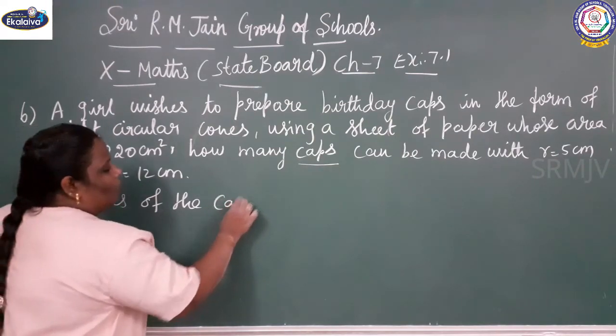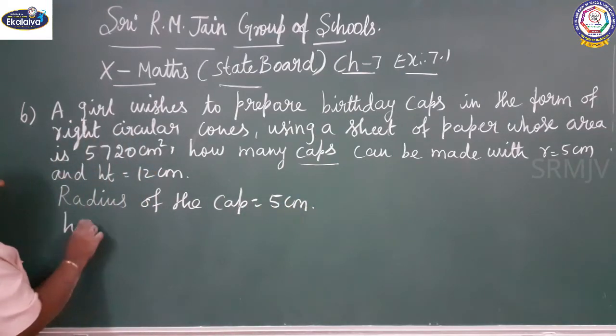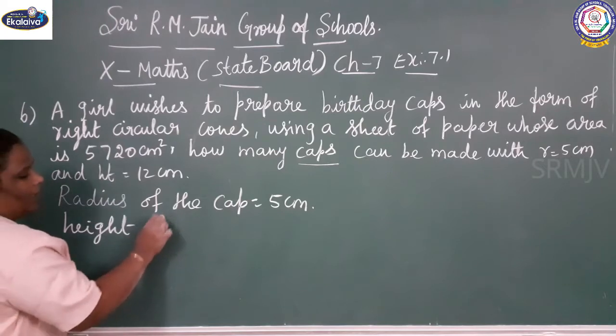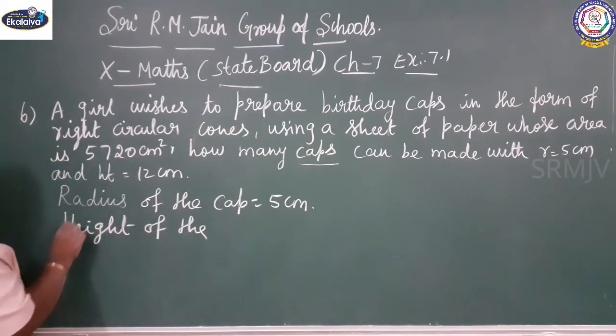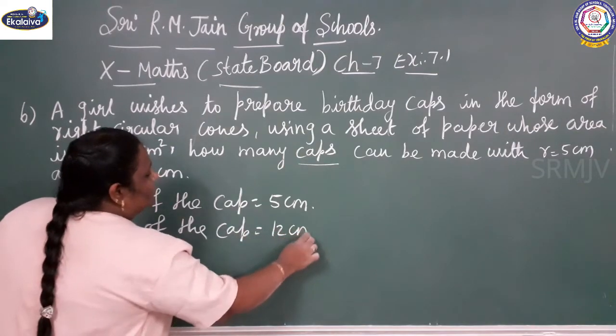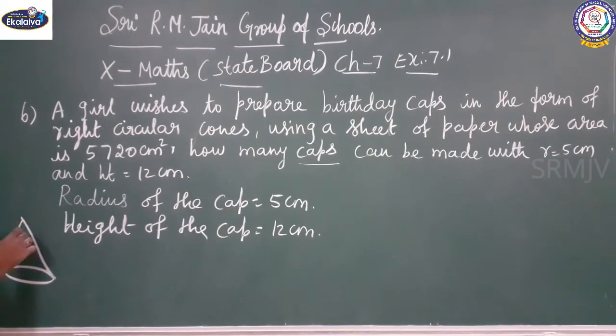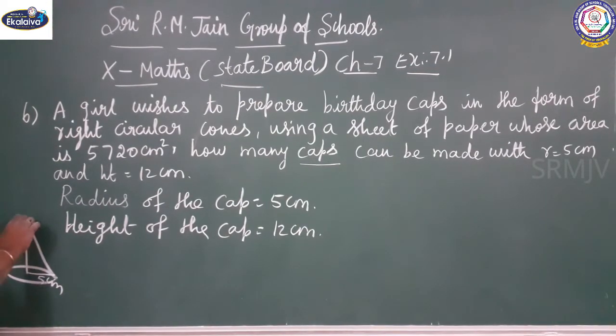Radius of the cap equal to 5 centimeter and height of the cap equal to 12 centimeter. This is nothing but the vertical height, and this is the slant height.